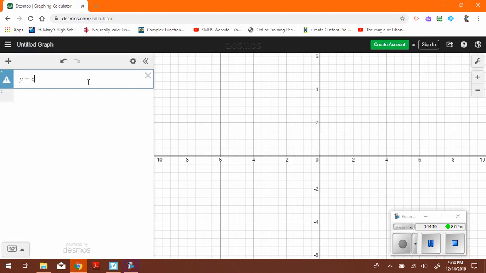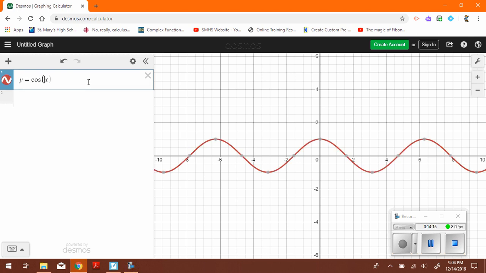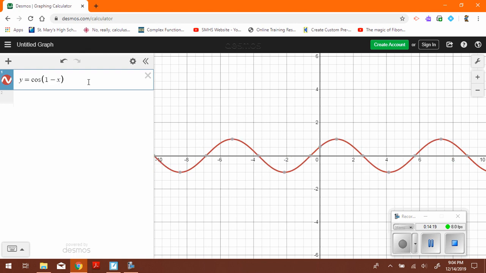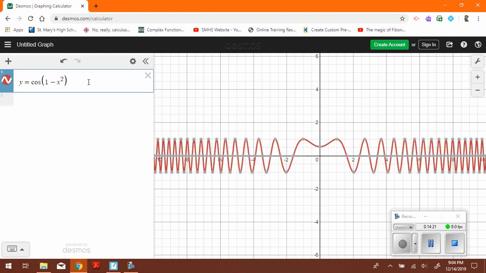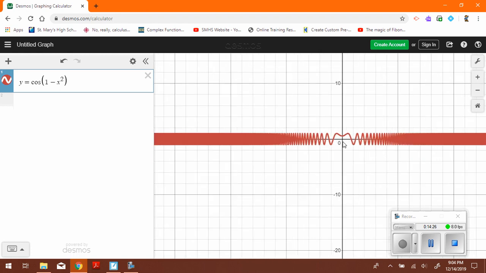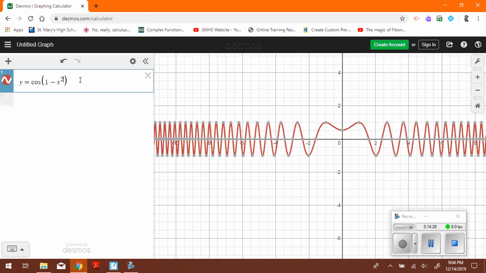Here's y equals cosine of x, just for review. And now we'll change the argument. This is cosine of 1 minus x squared. Yeah, it's got a very different appearance than regular cosine does.